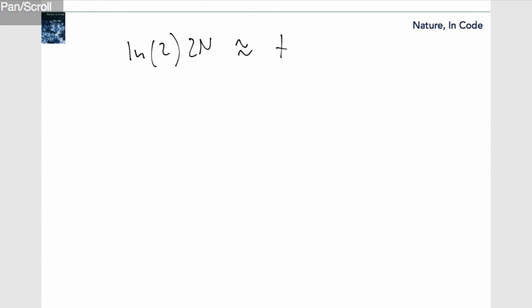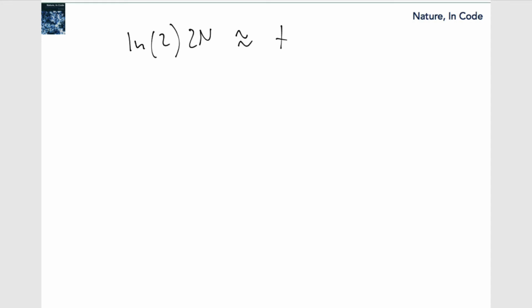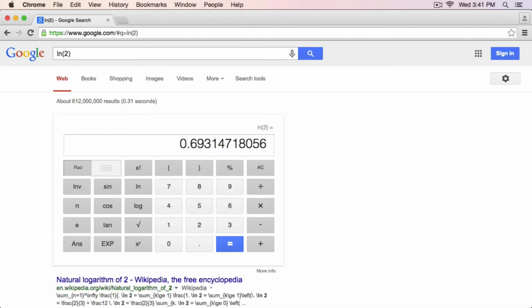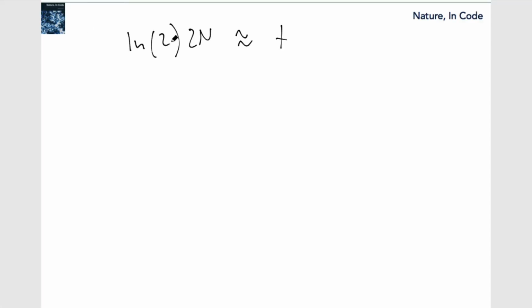And the natural logarithm of 2 is approximately 0.7. Okay, so 0.7 times 2 is 1.4, and there we have it. So t is about 1.4 times n.